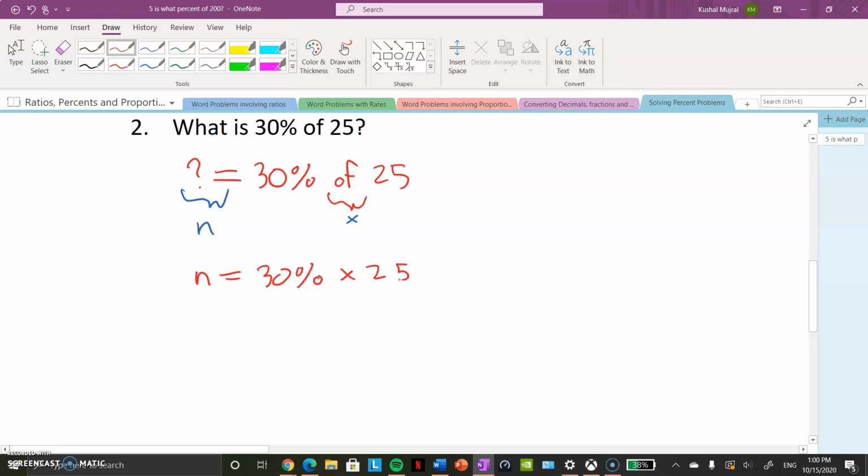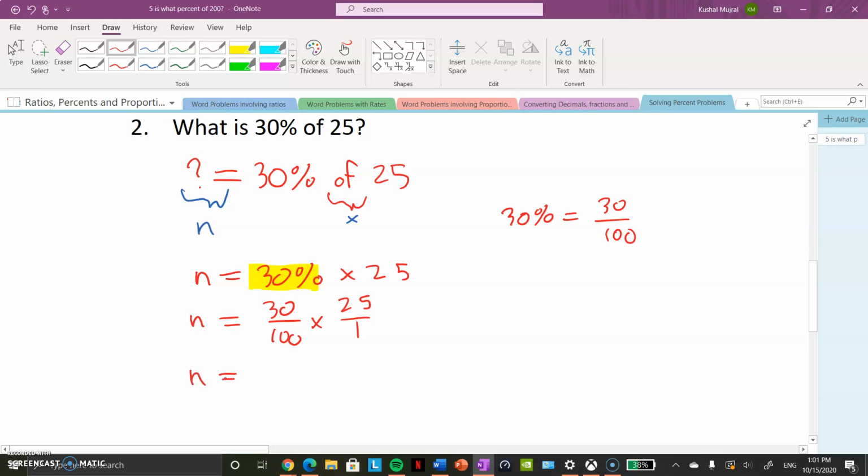times 25. Now, what do we know about 30%? We know that 30% is the same as 30 over 100, right? So n equals 30 over 100 multiplied by 25 over 1, because 25 is just 25 over 1.